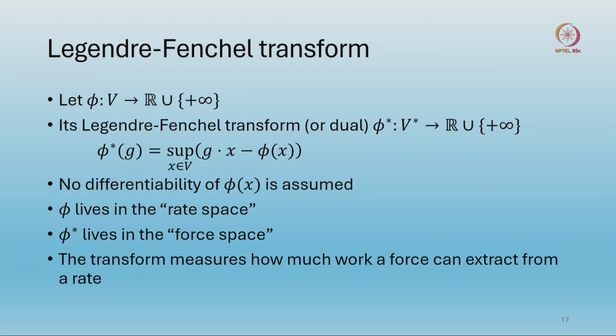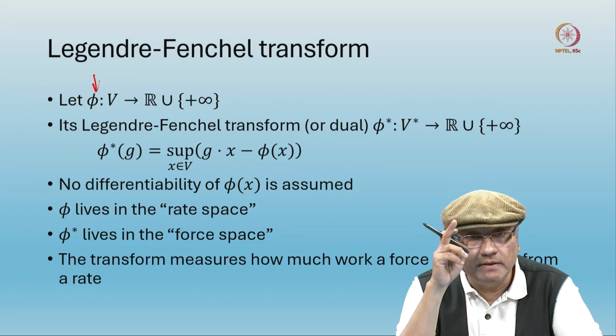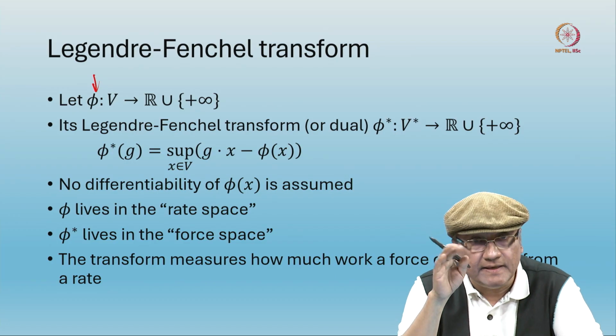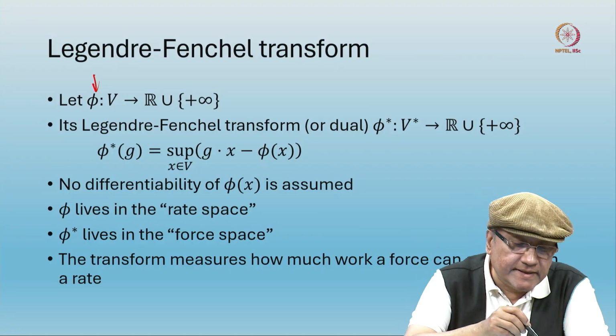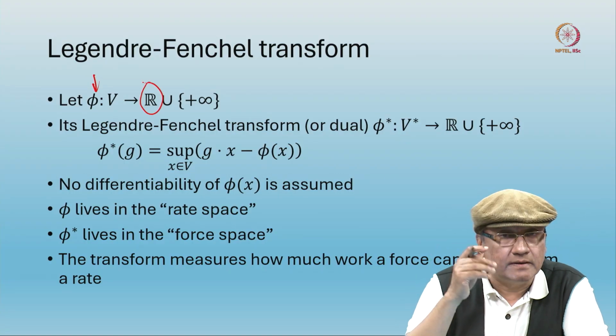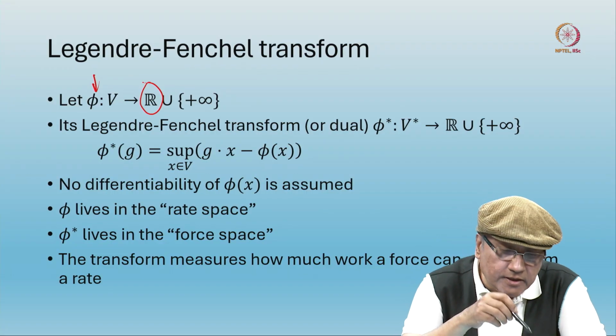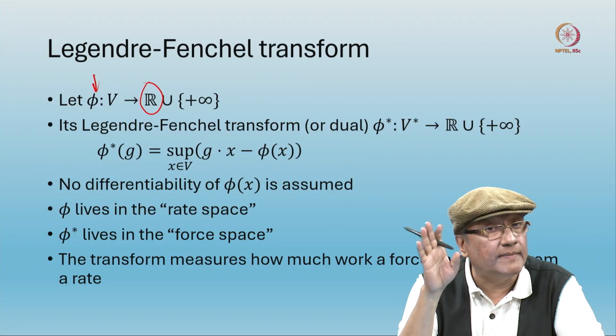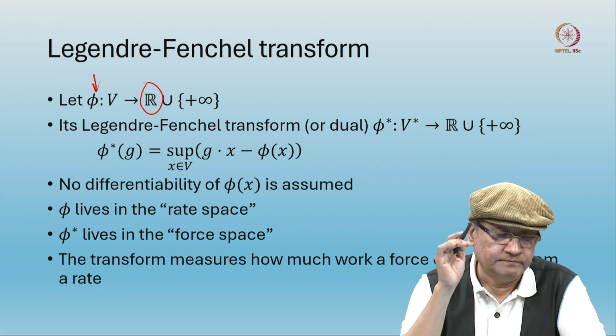Now let us talk about the Legendre-Fenchel transform. For that, let us take a function phi which acts on the vector space or function space V and is scalar valued, that it can lead to any real number including plus infinity, but never minus infinity. Remember that.